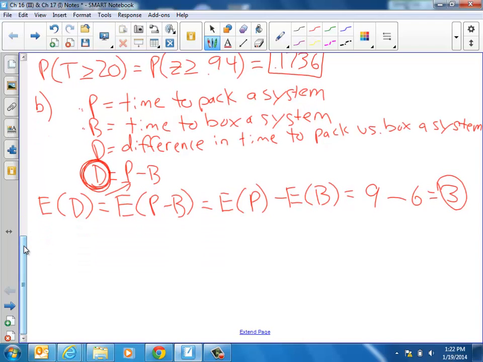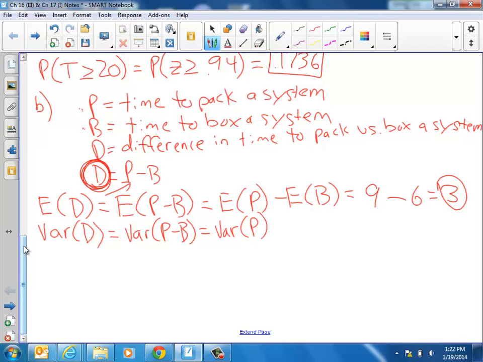Okay, now the harder of the two to find, obviously, is the variance, or the standard deviation, rather. We need to go through the variance to find that. So the variance of this difference is equal to the variance of P minus B. Again, just making a substitution there from the equation we have above, which, again, interestingly, the variance rule says that if you've got a combination of two random variables, it's just the sum of those two individual variances.